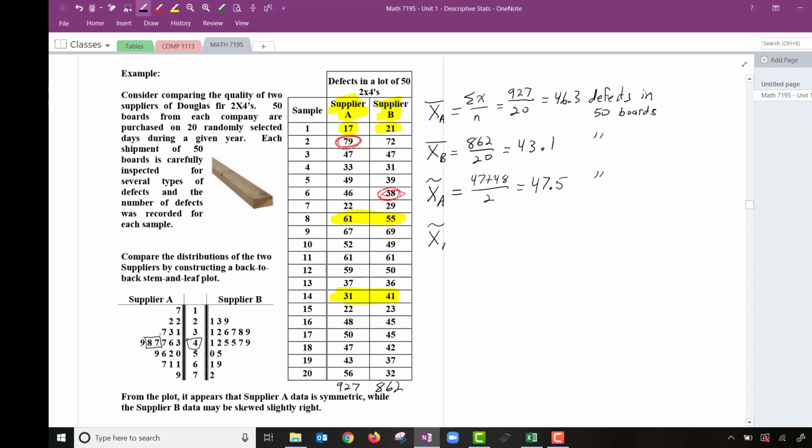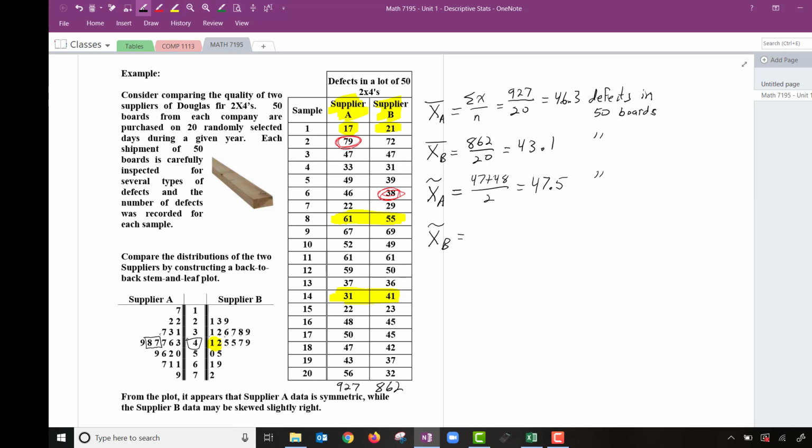And we can do the same for B. Just count until you hit the 10th and 11th value. So 1, 2, 3, 4, 5, 6, 7, 8, 9, 10, and 11. That's these two values. So 41 and 42.